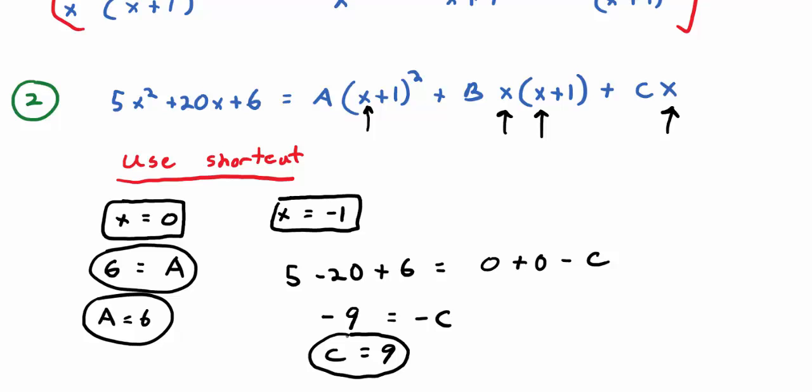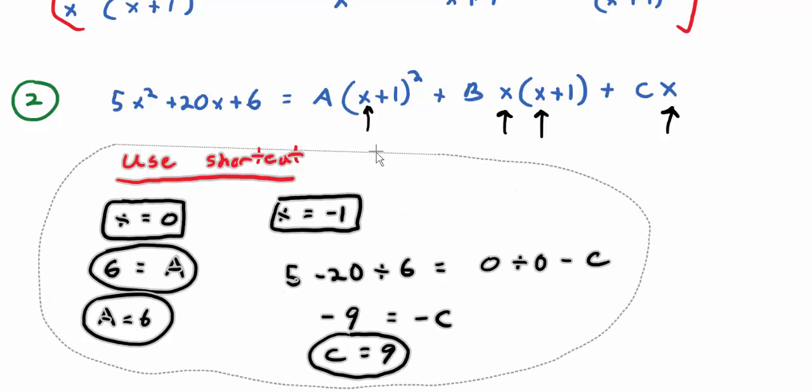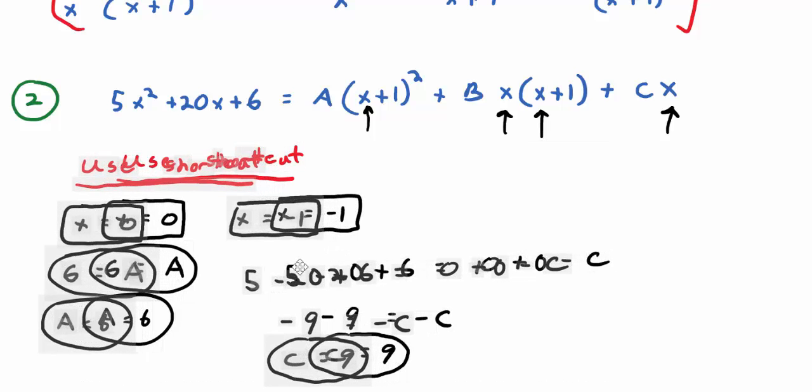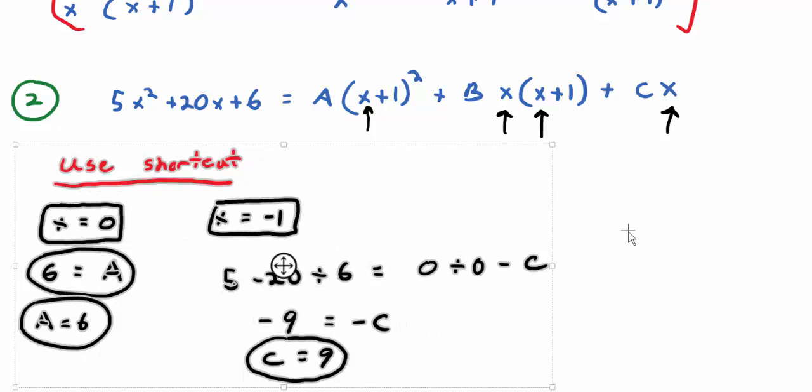Okay, so now you're thinking, uh-oh, I've run out of things I can plug in and get x to be 0. What's the next easiest number to work with? 1. Let's plug in x equals 1. So I'd like to see if I can fit all this in across. So let me move this. Okay.